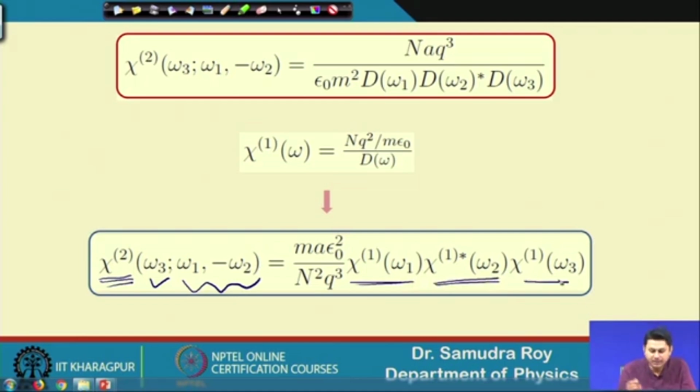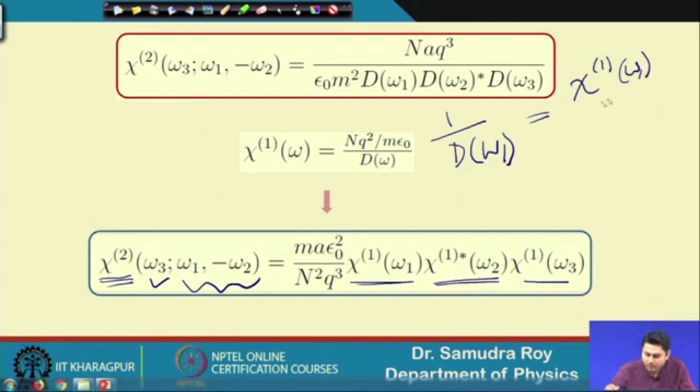If I replace omega, from here I can do it very easily. My d omega 1 will be how much? Chi 1 as a function of omega 1 divided by n q square over m epsilon 0.